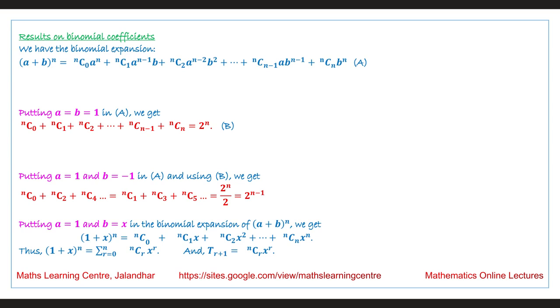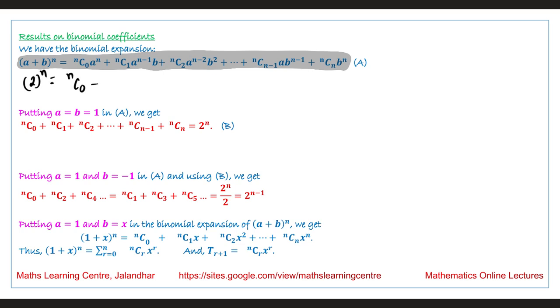Next are the results on binomial coefficients. The statement of the binomial theorem is written over here. Now in this binomial theorem, the first result we have is if we substitute a = 1 and b = 1, the answer we obtain is 2^n, that is equal to nC0 + nC1 + nC2 and so on up to nC(n-1) + nCn.